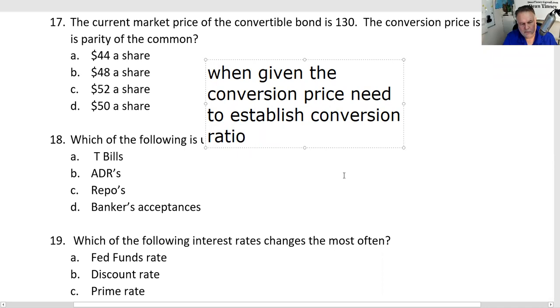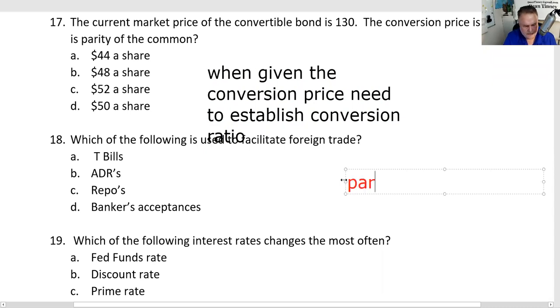The way we're going to do that is we're going to take par, because that's what that's based on, par $1,000, and divide by the conversion price of $40. And once I do that, I'm back in business because now I have the conversion ratio.